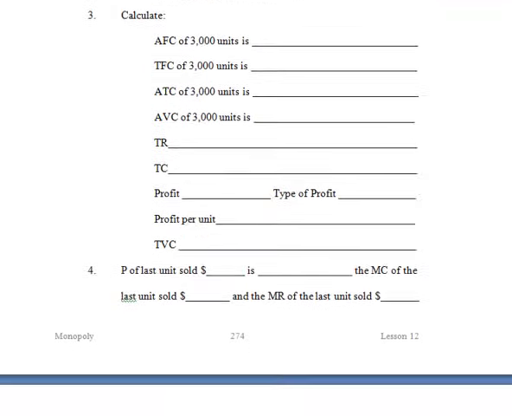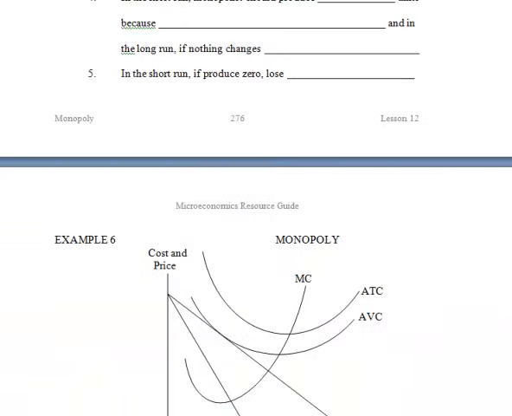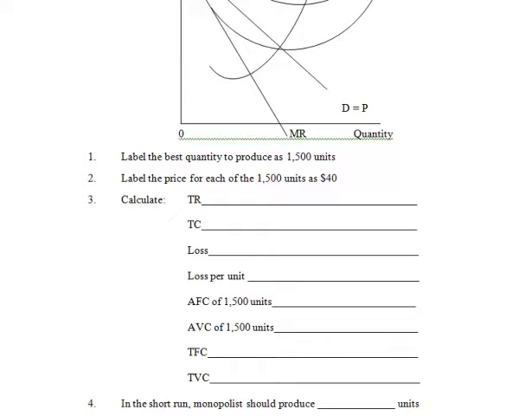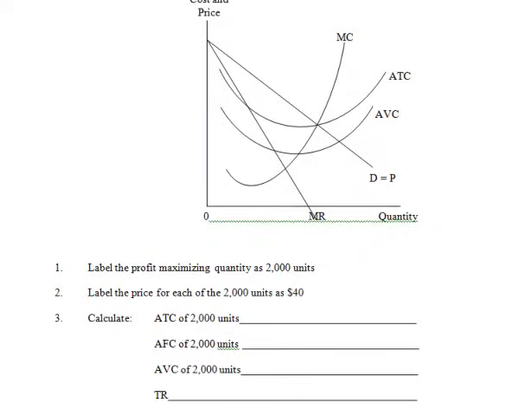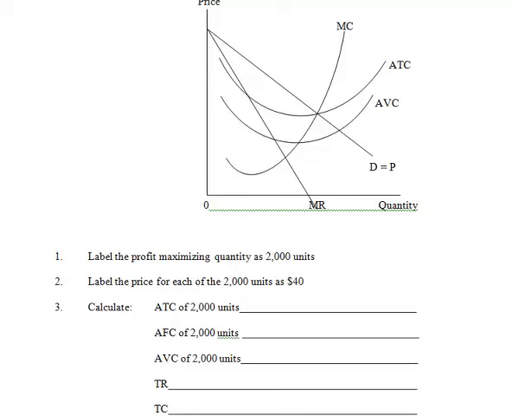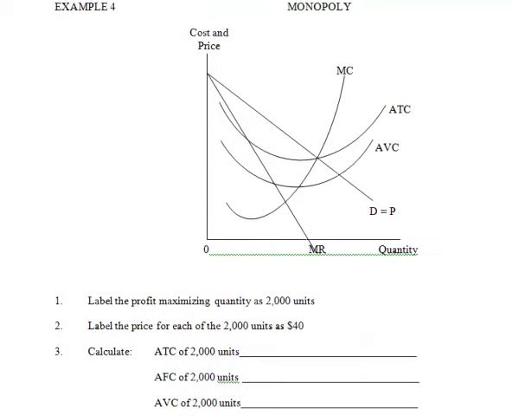I know that the graphs for monopoly can be pretty intimidating looking, but if you remember that you're doing exactly the same approach as what you did with perfect competition, try not to get freaked out that this is so much more complicated looking. I know it is, and it definitely is.